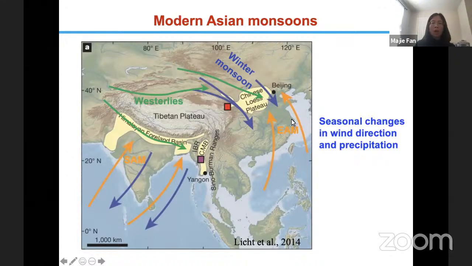But wind direction record in the geological history is really hard to unravel. So essentially, most of the research that we conducted to look into the early monsoon history and how monsoon evolved looked into the seasonal change in precipitation, basically because the winter monsoon is typically dry, and the mean annual rainfall was mainly coming from the summer monsoon.